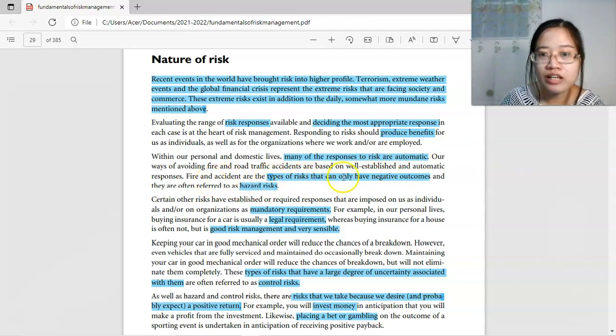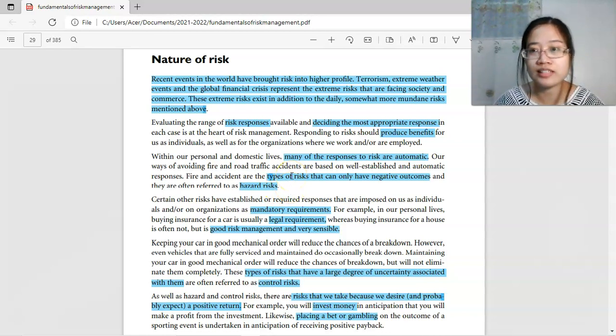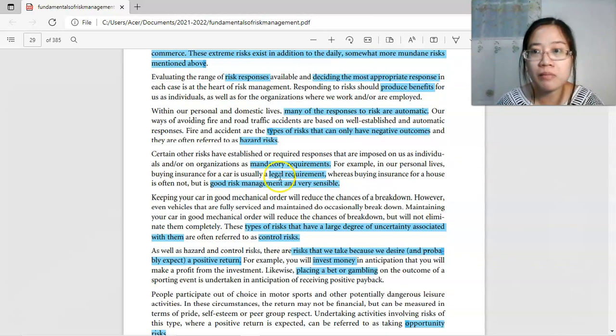Types of risk that can only have negative outcomes. Ang tawag natin sa kanila ay hazard risk. Okay? Yan na nga yung mga natural disasters or health risk din. Okay? Kasama yan. I think accidents din kasama, kasi pag na-aksidente ka normally, it would have a negative outcome. So, yan, hazard risk. And sometimes these are inherent, merong pagkakataon, of course, na you can try to prohibit, di ba?